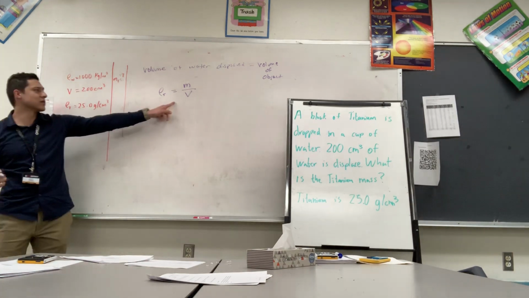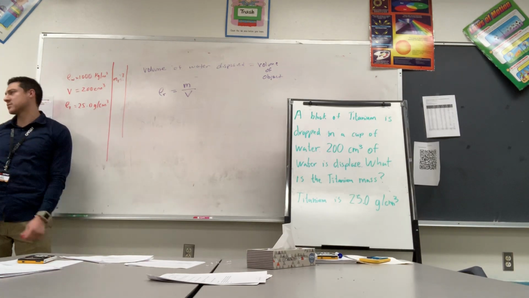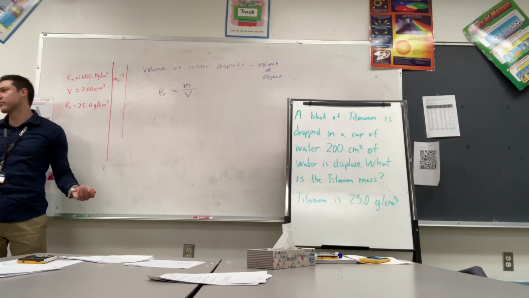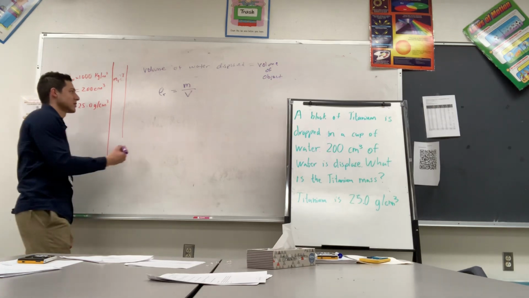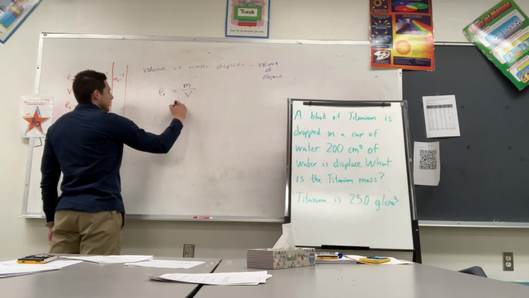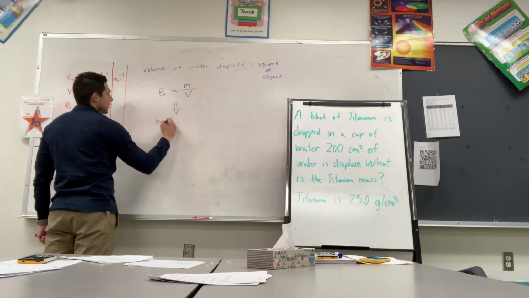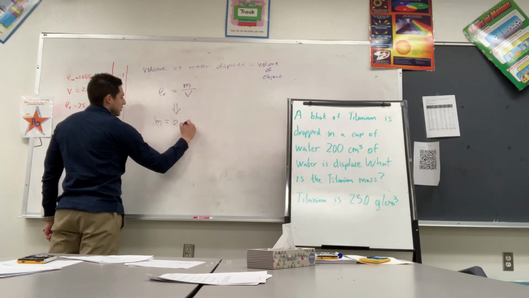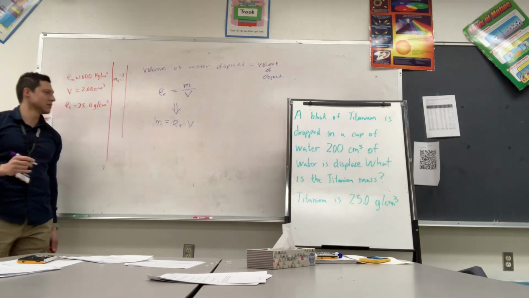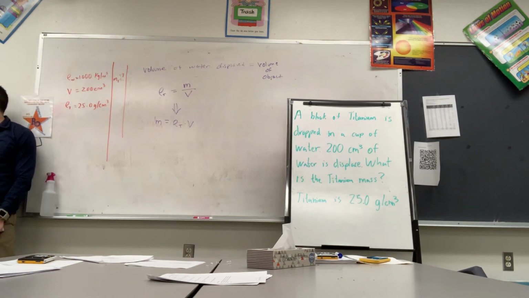So all we have to do is rearrange this to find what we're looking for: mass. If we rearrange it algebraically, we should end up with mass is equal to density times volume.